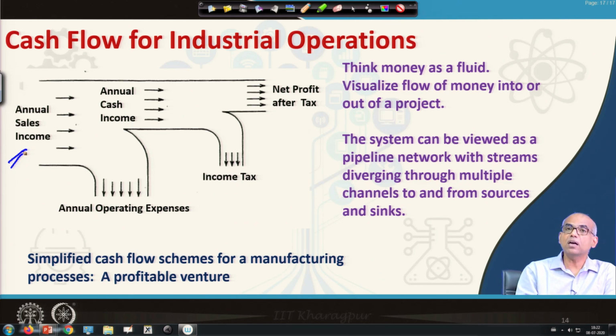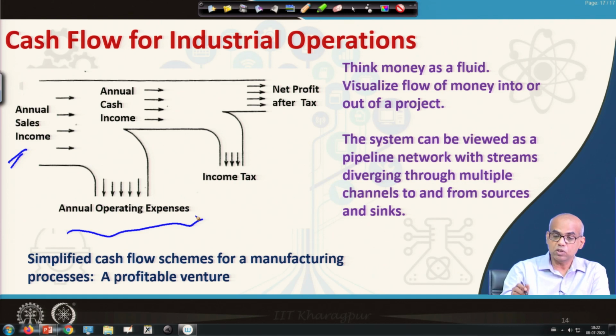So, annual sales income flows through the pipe, and here there is an outlet which is annual operating expenses. So, all the annual sales income that enters the pipe does not come out as net profit. So, it is diverged as annual operating expenses. So, you have to meet annual operating expenses from the annual sales income.